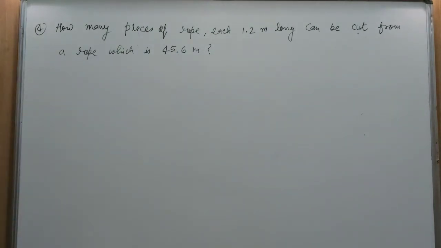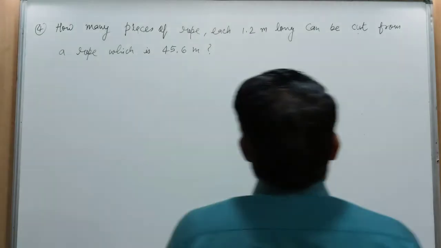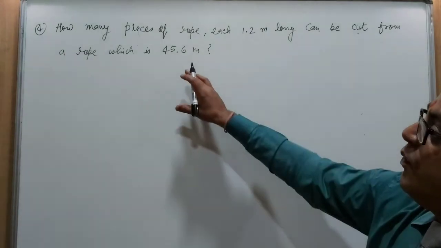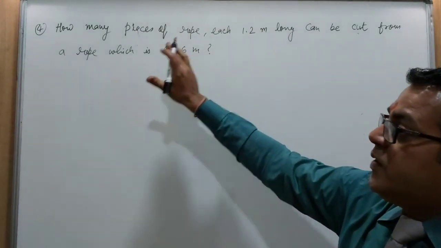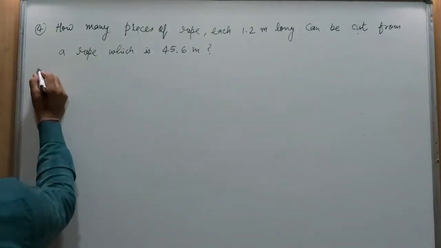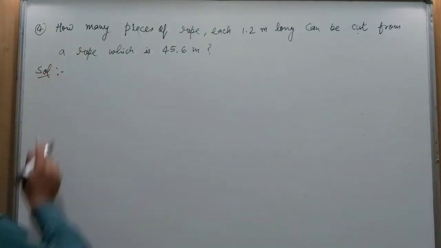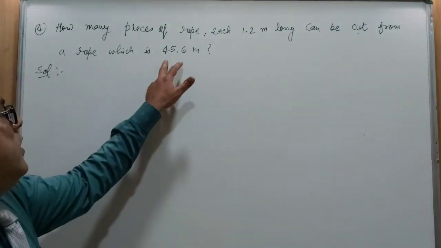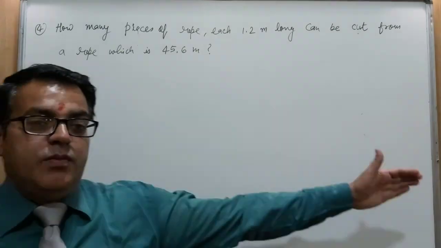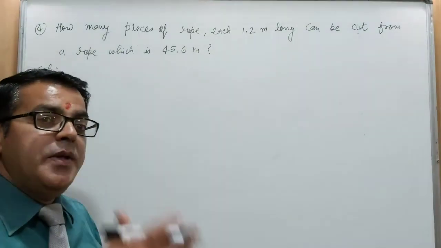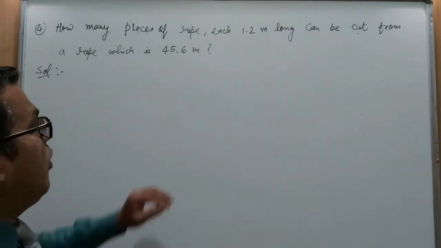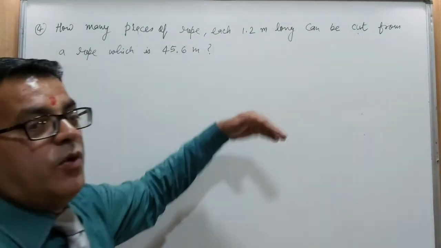The question is, how many pieces of rope, each of 1.2 meter, we can cut from a rope which is 45.6 meters in length. I have a rope, suppose the length of that rope is 45.6 meters, and I need to cut pieces from that rope, and the length of each piece is 1.2.